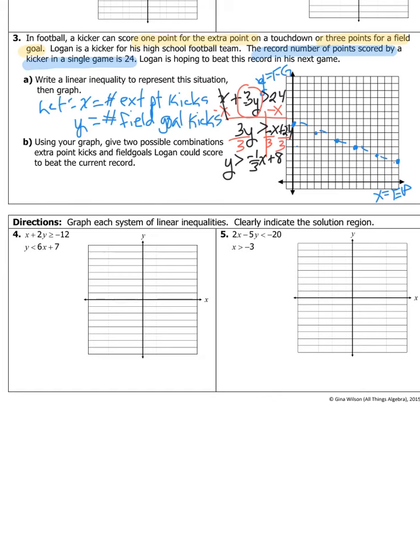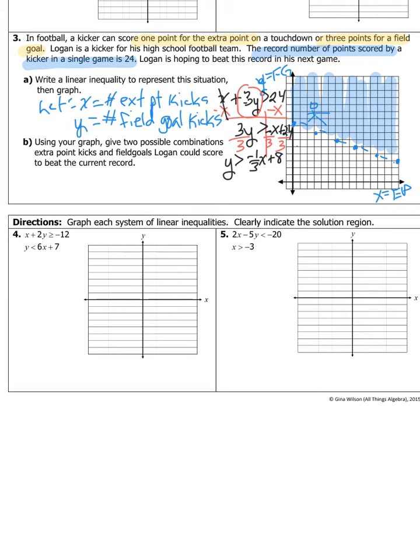Then because it's greater than, if I put myself on the line, I would be landing on this side of the line. So greater than is where there is air and sunshine. So I am going to shade all up in here.